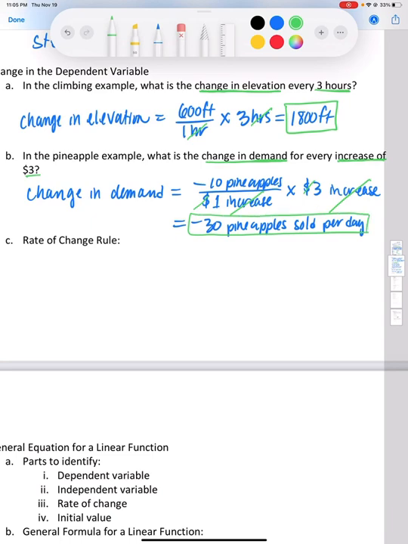Rate of change in the dependent variable. This is something that companies think a lot about.